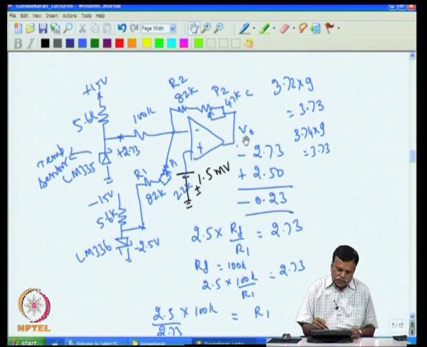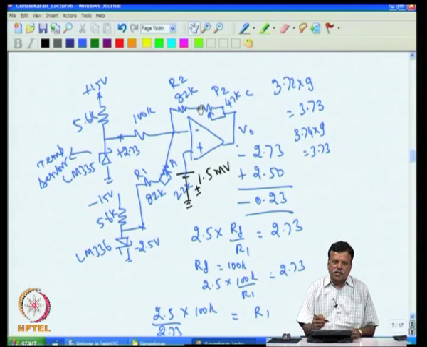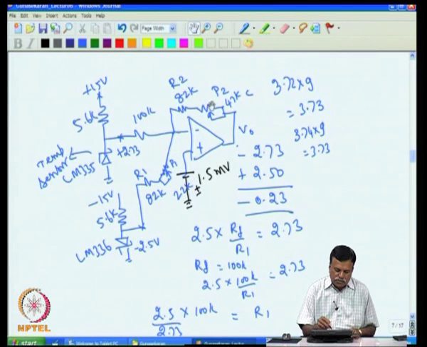For example, if I had used a 300 ppm resistor here and here and here, forget about the potentiometer values, assuming they are very small, the contribution can be neglected for simplicity at this point of time. In an actual case, we have to worry about that drift also. Invariably, potentiometers drift more, because you do not get very low drift potentiometers, you get up to 100 ppm only, whereas for resistors you get up to 10 ppm.